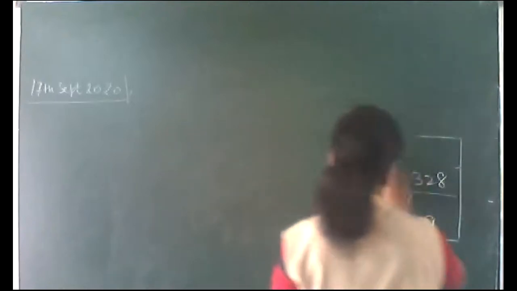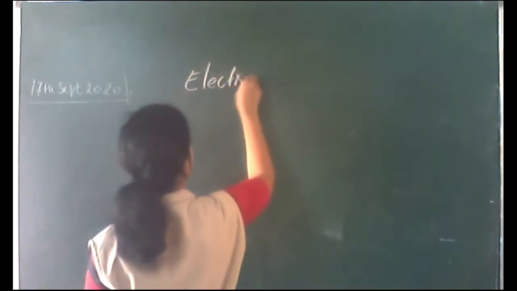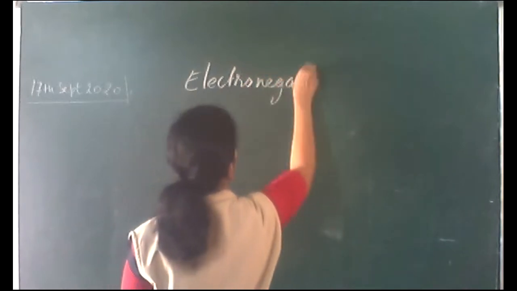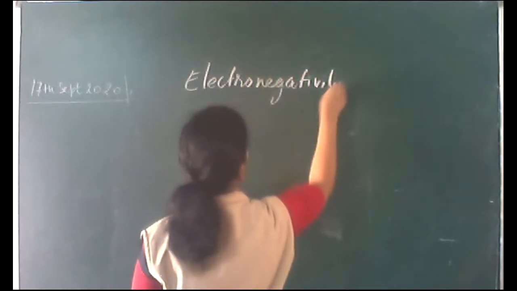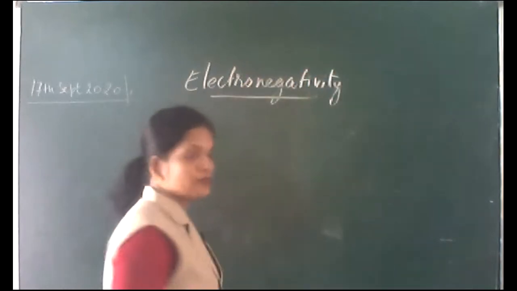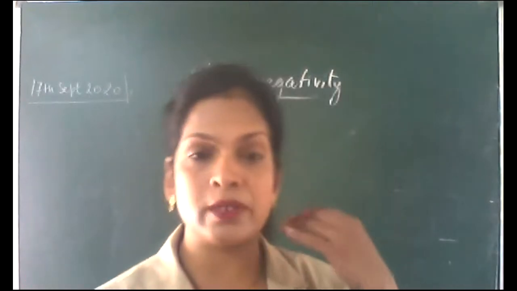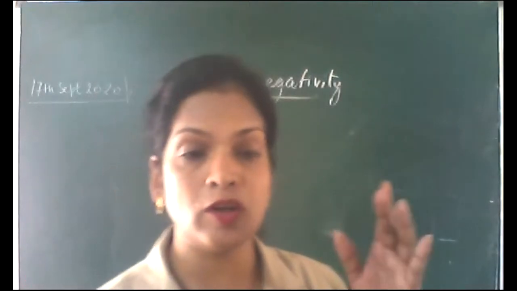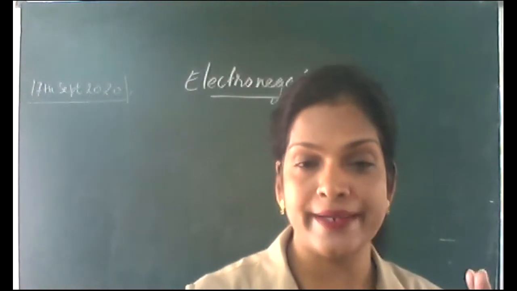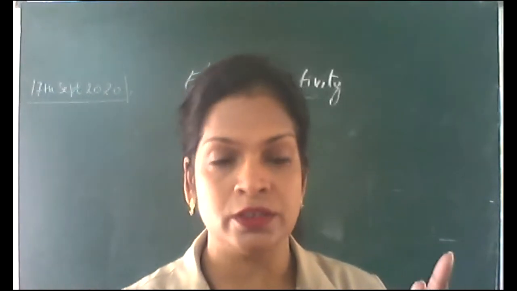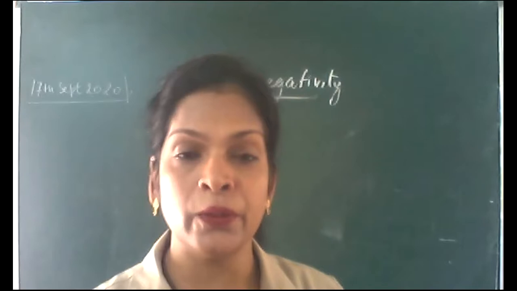Electronegativity. If you go through the periodic table, on the top right side, there's nitrogen, oxygen, fluorine, chlorine.